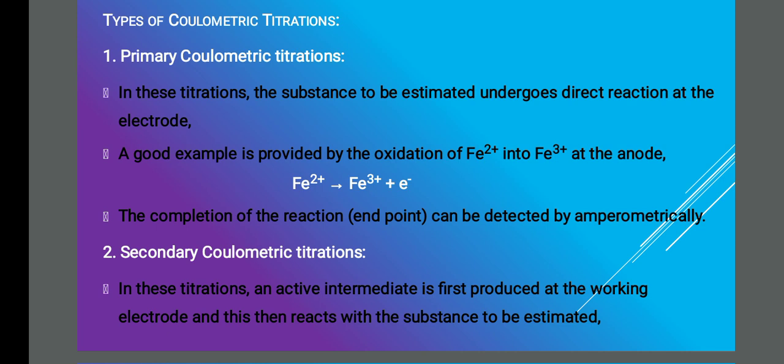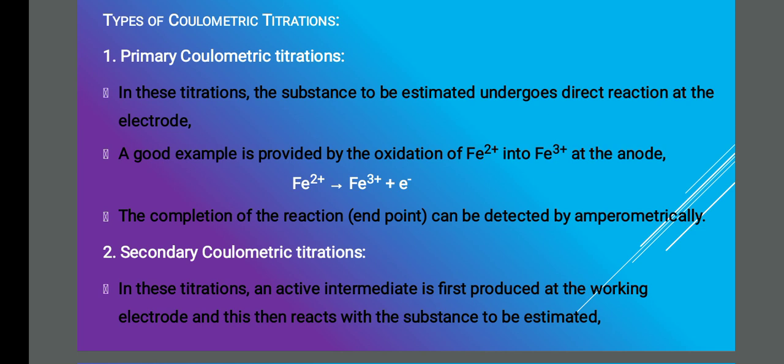I'll repeat. Previously I said coulometry is classified into two: constant current coulometry and controlled potential coulometry. If you take constant current coulometry, it is otherwise called coulometric titration. That is, the application of constant current coulometry is called coulometric titration.